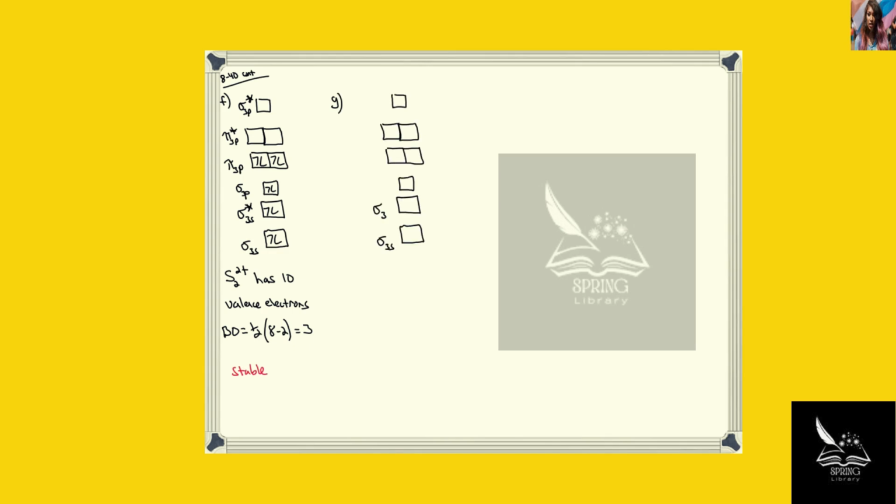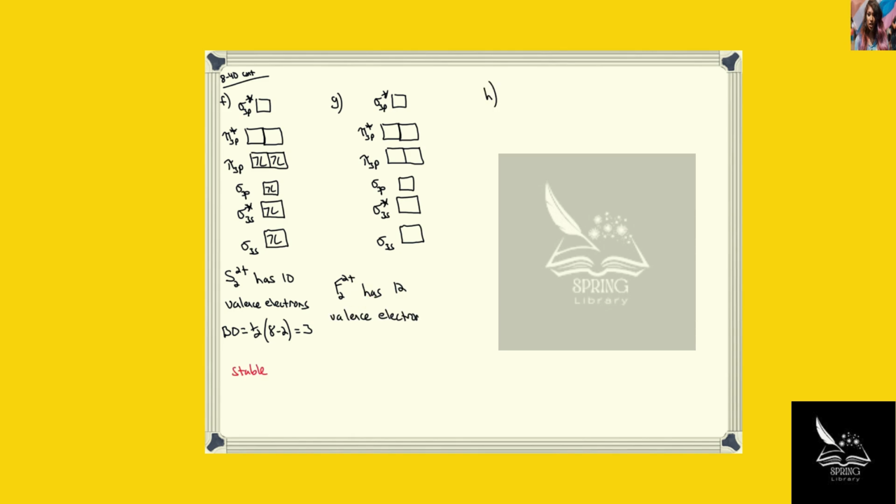Now for the next one, we have fluorine 2 2+. We're still going to have the same molecular orbital energy diagram as we had before. And fluorine has 7. There are 2 of them, that's 14. But we take 2 away because of the 2+ charge, so that's 12.